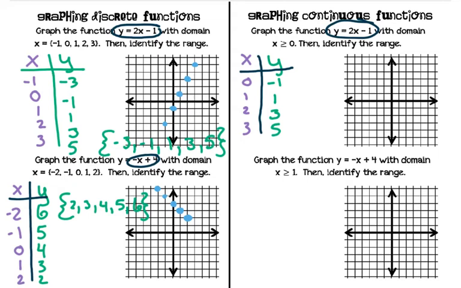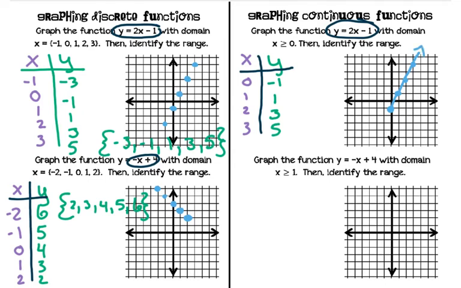So now we're going to graph them. So 0, negative 1, 1, 1, 2, 3, and 3, 5. This time we connect them, and because the domain was greater than 0, we draw our line there.